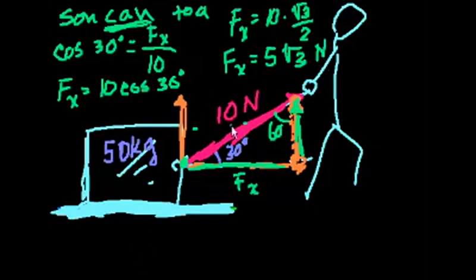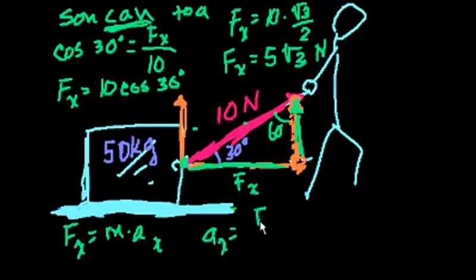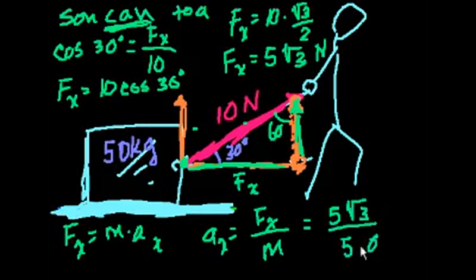Force in the x direction, newtons. So now we can figure out its acceleration in the x direction, because force in the x direction is equal to mass times acceleration in the x direction. So if we divide both sides by the mass, we get the acceleration in the x direction is the force in the x direction divided by the mass. And that equals 5 square roots of 3 newtons over 50 kilograms.